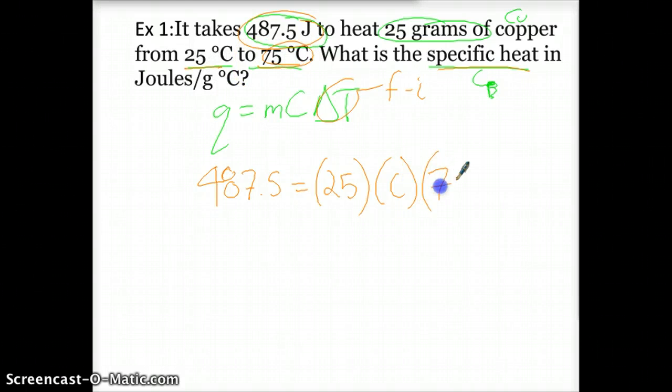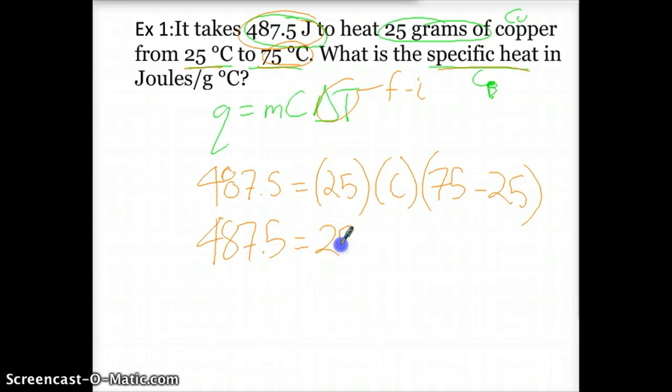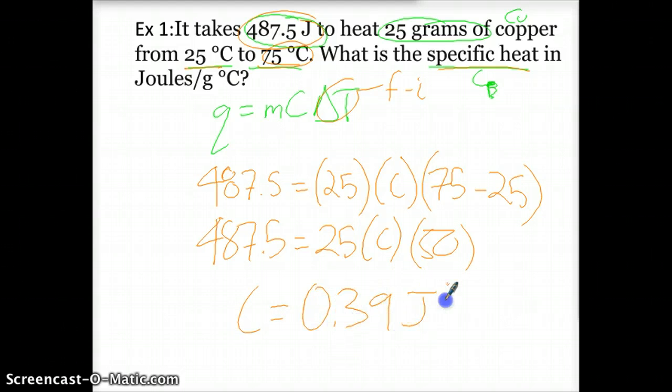That's what it is at the end. So 25 is my initial. So boom, there's what I'm going to plug in. So now all I have to do is a little bit of math. 487.5 is equal to 25 times the specific heat times 50. Now I just got to solve for c, and if I go ahead and do that, I get a final answer of 0.39 joules per gram degrees Celsius.